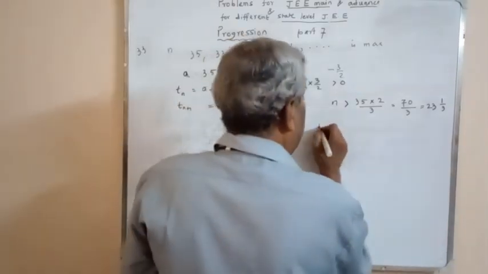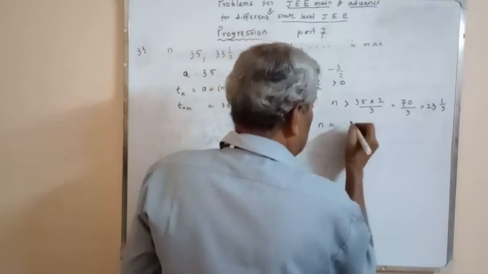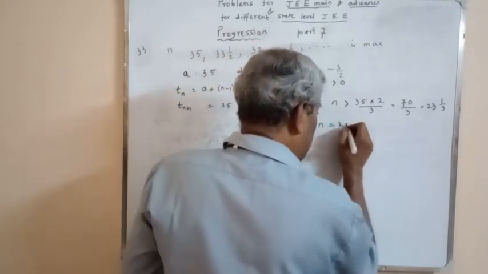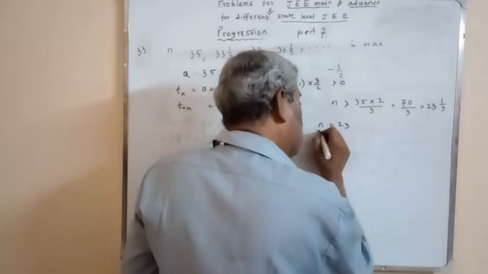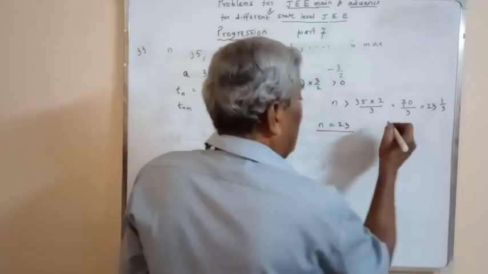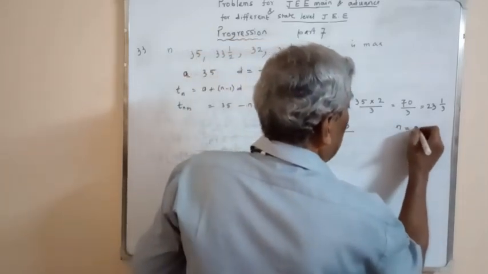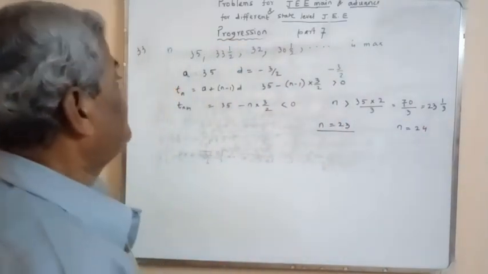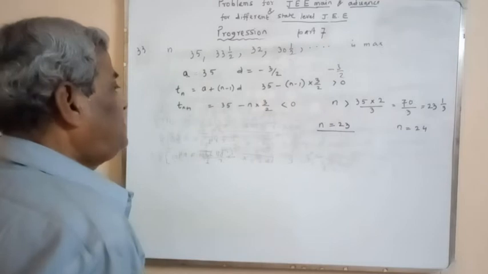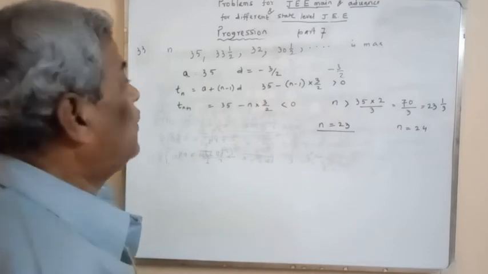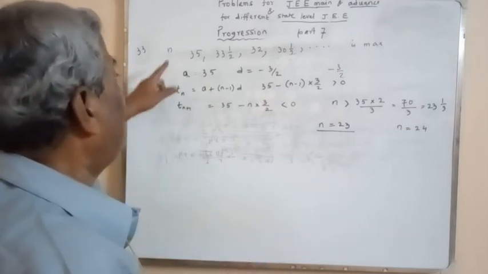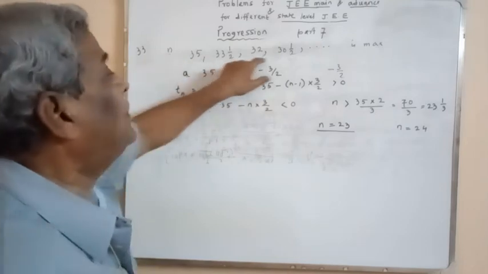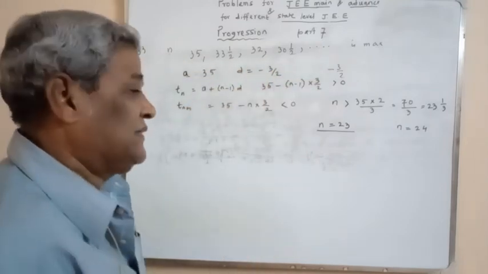That is, when n is equal to 23, the term is positive, and when n is equal to 24, the term is negative. So, what is our question? Now find n so that the sum of the series is maximum.